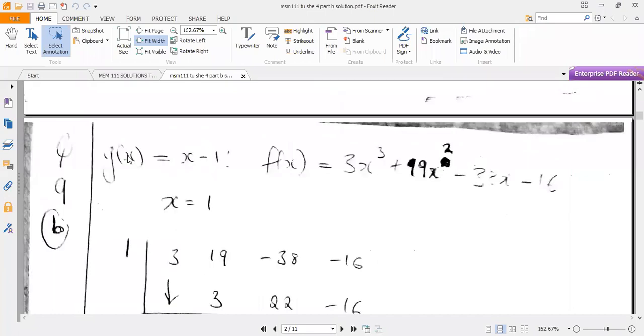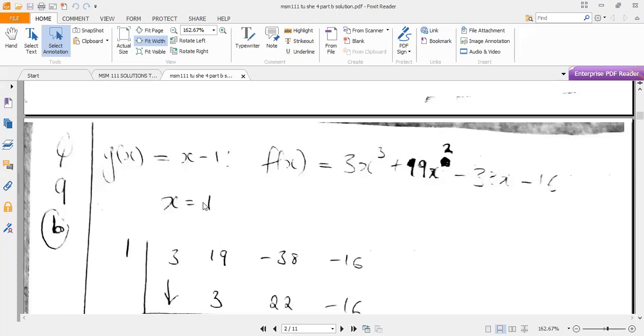If we want to show that it's a factor of this, what do we know about factors? The factor theorem is always equal to 0. So you have x minus 1 equal to 0, so you solve for x. x is equal to 1.